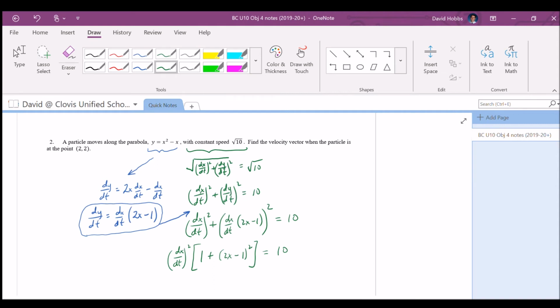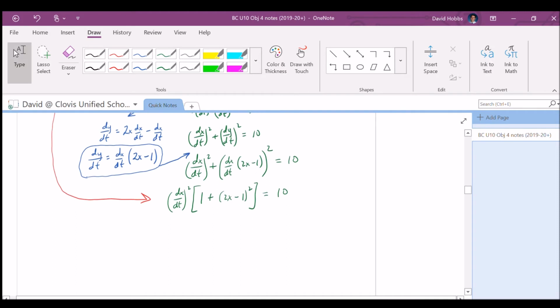Okay, now what have I not used? Find the velocity vector when the particle is at the point (2, 2). So at the point (2, 2), I can plug in 2 for x and 2 for y.